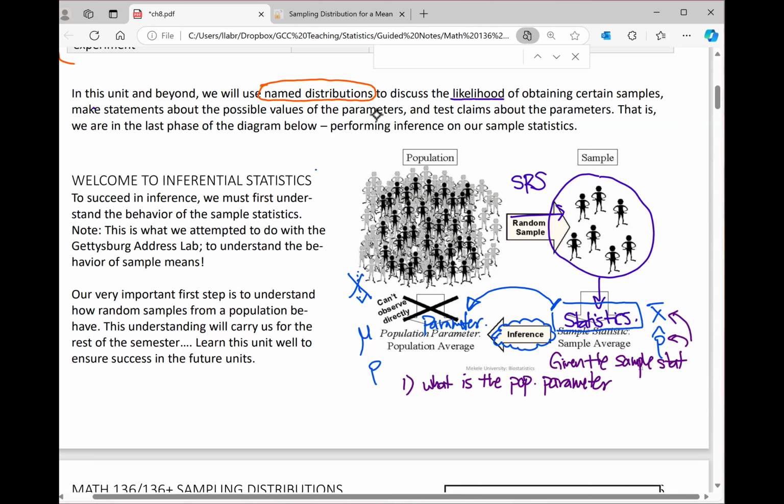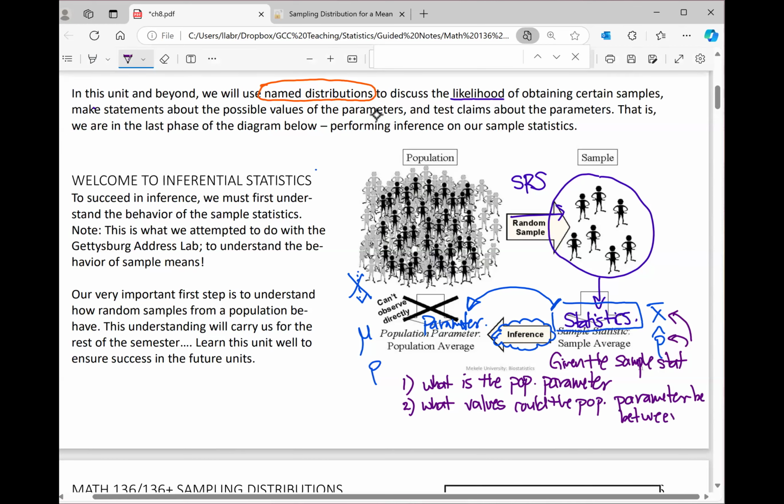What is the most likely value of the population parameter? Number two, even if you can't tell me what value you want, we can say what values the population parameter could be between. So this is called an interval.